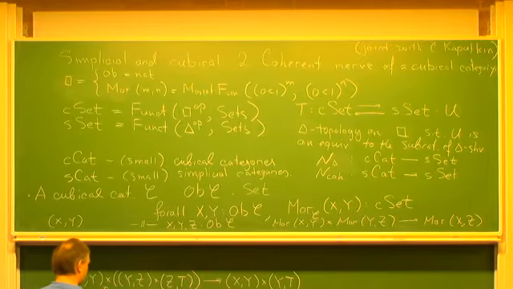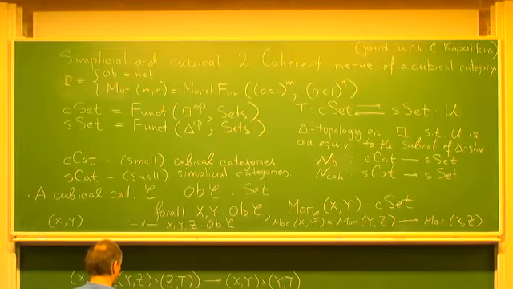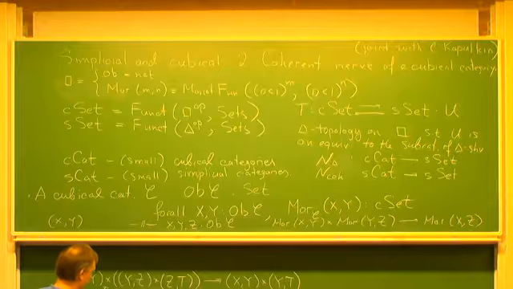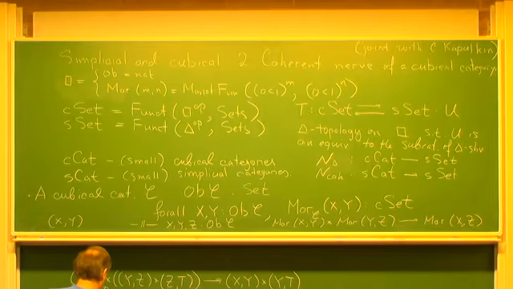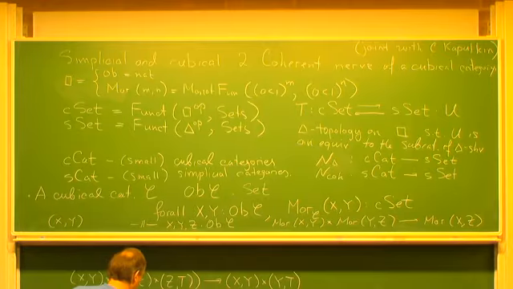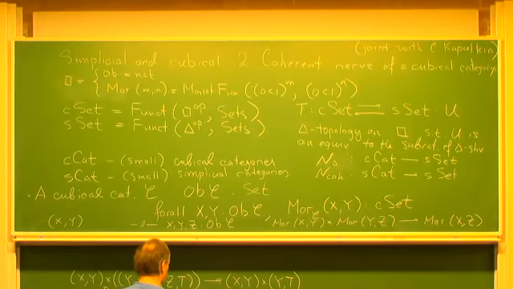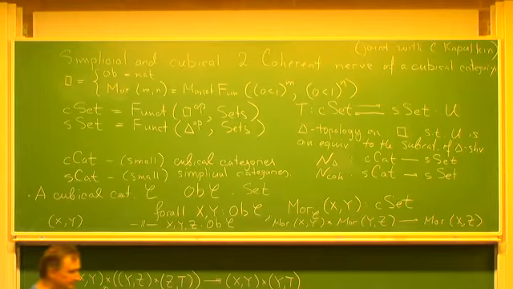And then I can say (x, z), (z, t) going here, and this should commute. So that's the associativity condition.